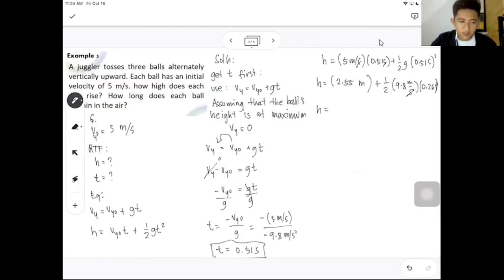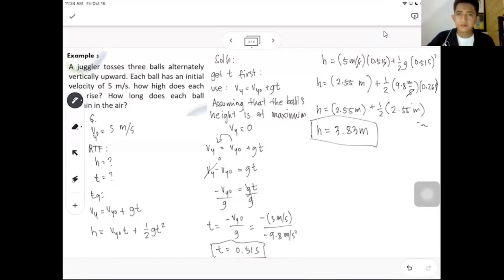So we now have h is equal to 2.55 meters plus 1/2 times 9.8 meters per second squared times 0.26 seconds squared. So multiplying this and adding this, we have the height, which is equal to 3.83 meters.